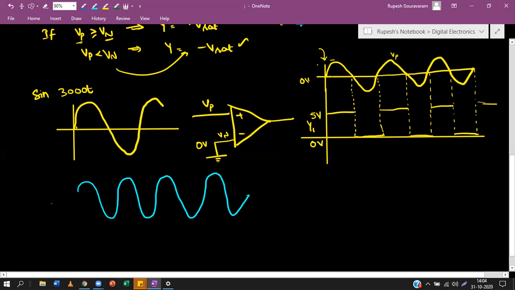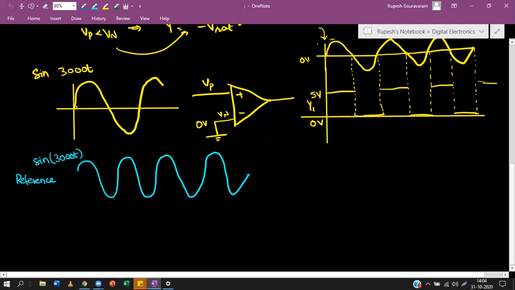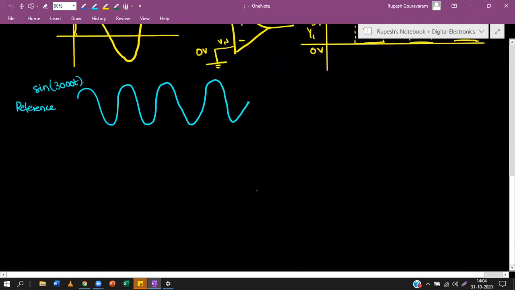Okay, let us take this as the reference. So that means this is sine of 3000 t. And what is sine of 3000 t plus 36 degrees?